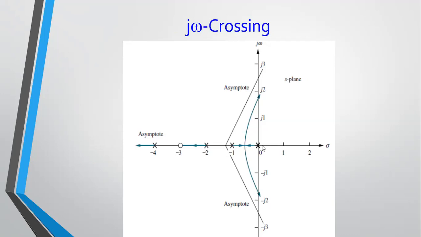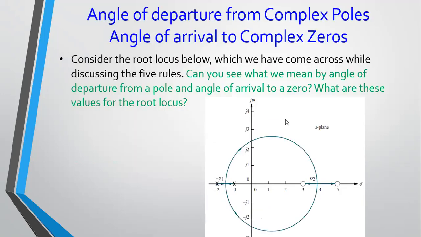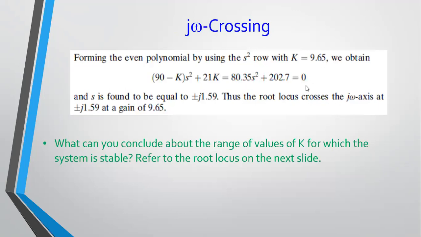Now this one is of interest to us because this is where gain k is equal to 0. You have a breakaway point somewhere, which you can find using the method we discussed earlier. But after this breakaway point, you will have the 2 paths transiting into the right half plane at a specific value here. We say this is j1.59 and this is minus j1.59, but interestingly, the gain k is equal to 9.65.